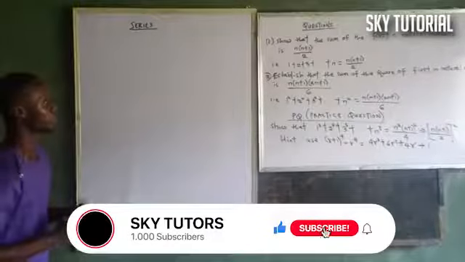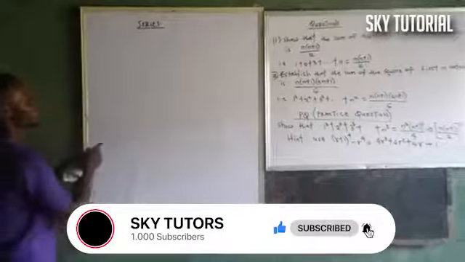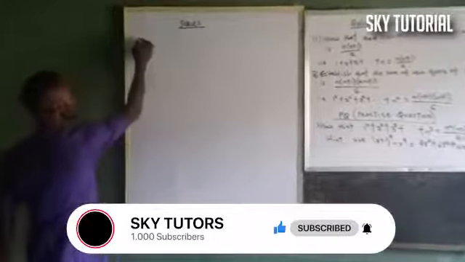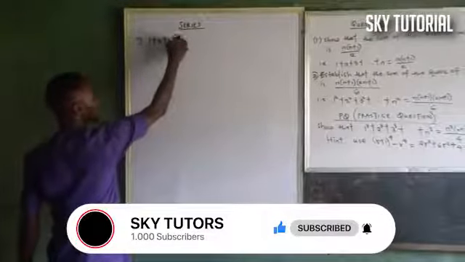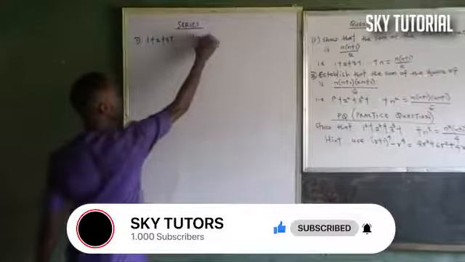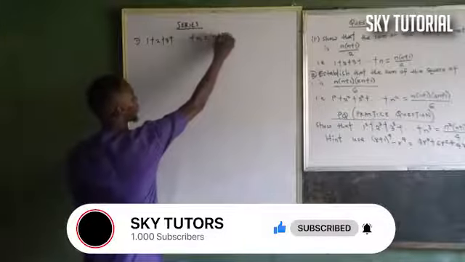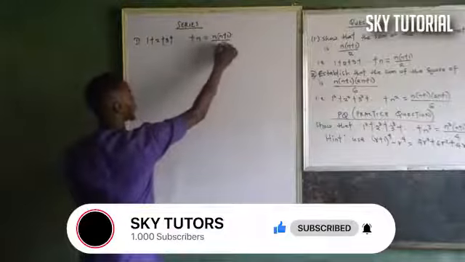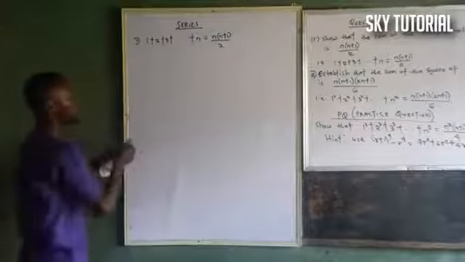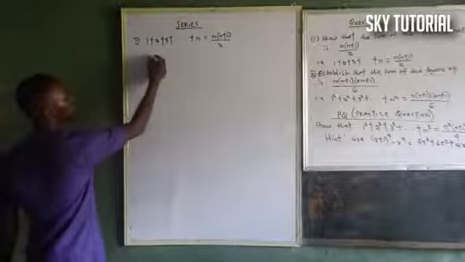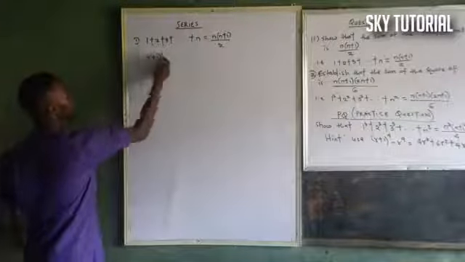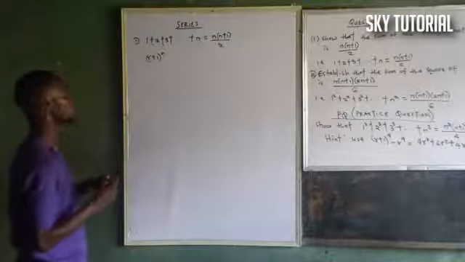To establish this, what this actually means is that we want to show that 1 plus 2 plus 3 plus dot dot dot plus n is equal to n into bracket n plus 1 upon 2. So we need to consider the expansion of r plus 1 whole squared.